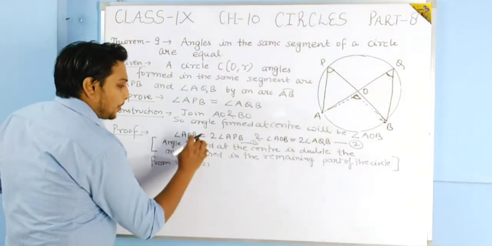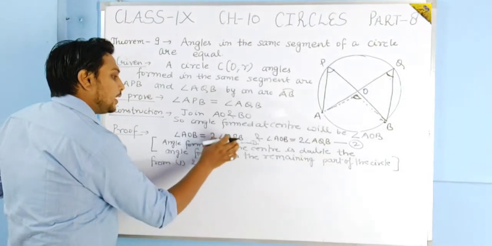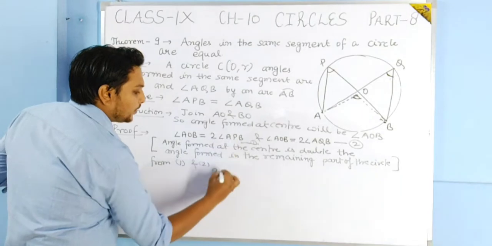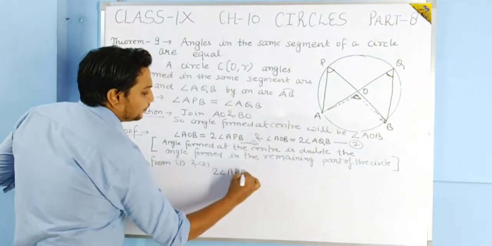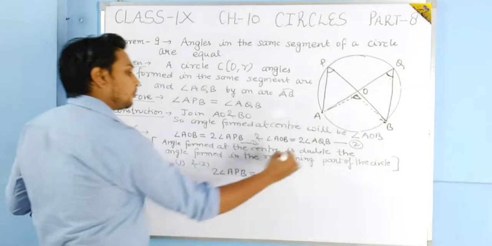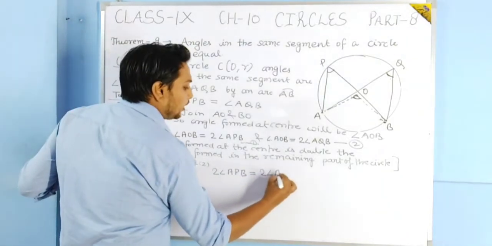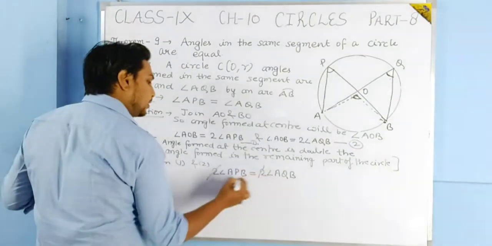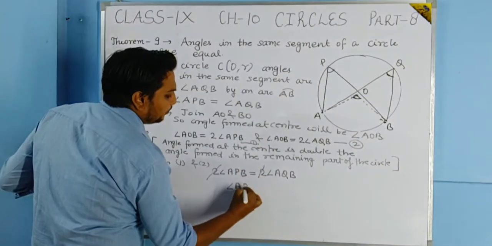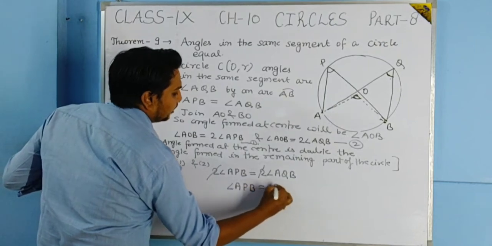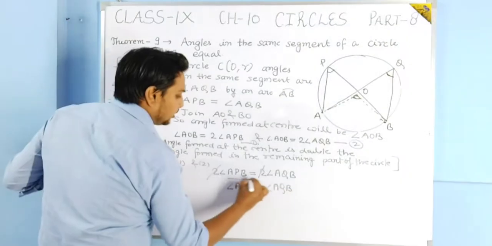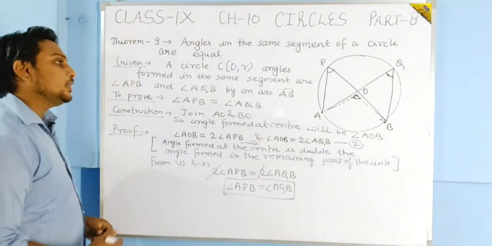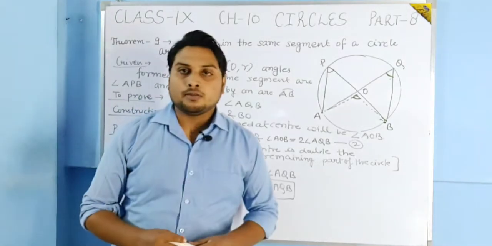So from 1 and 2 we can say that their right hand sides should also be equal, means 2 into angle APB will be equal to 2 into angle AQB. Now this 2 and 2 will be cancelled out. What is left? Angle APB is equal to angle AQB. So students, this was to prove in this theorem that angles in the same segment are equal.